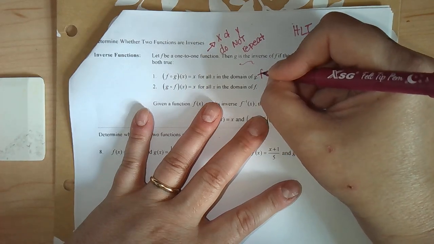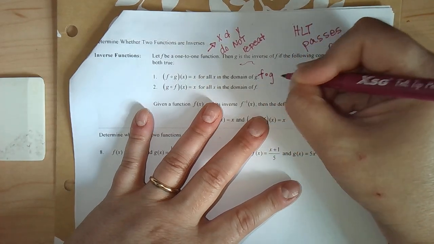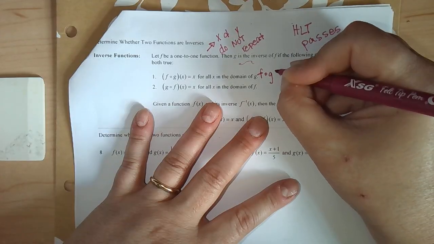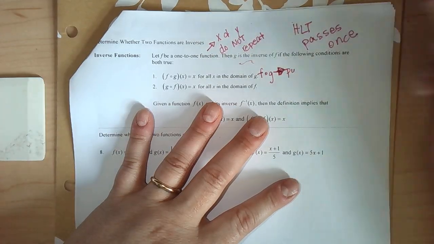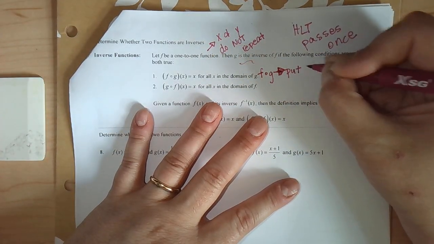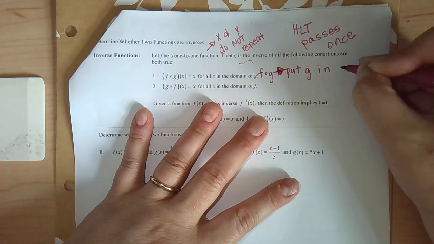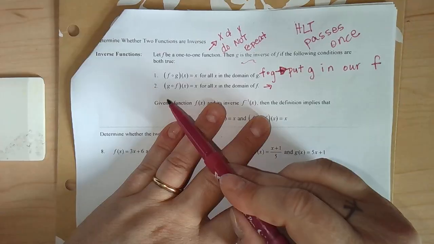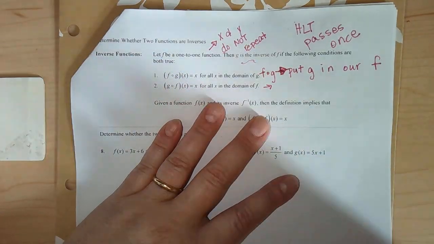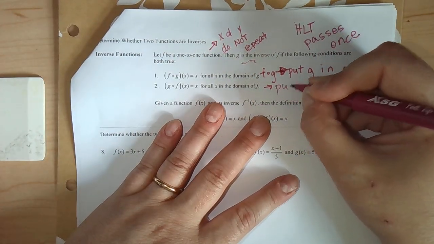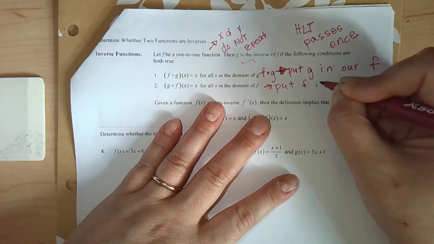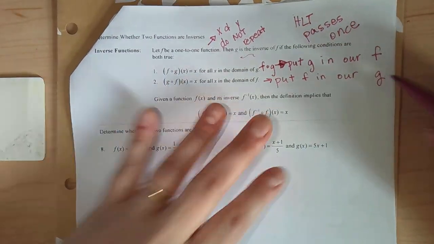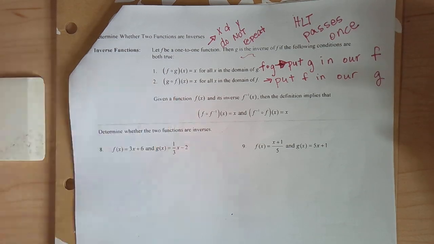This means f compose g, or another way to say that is we're going to put g in our f. Then for this next one, it says g little circle f, so we're going to do it backwards. We're going to put f in our g. And you did this back in college algebra. It was just weird symbols.